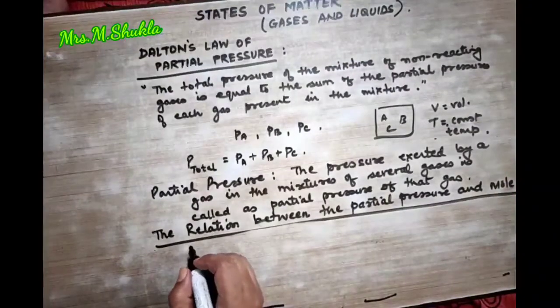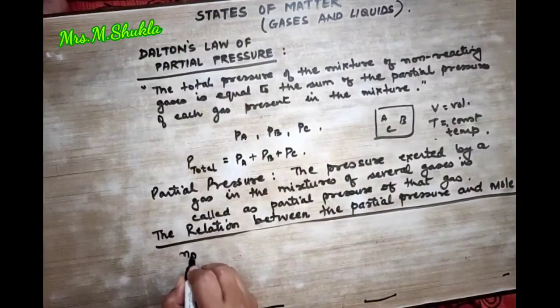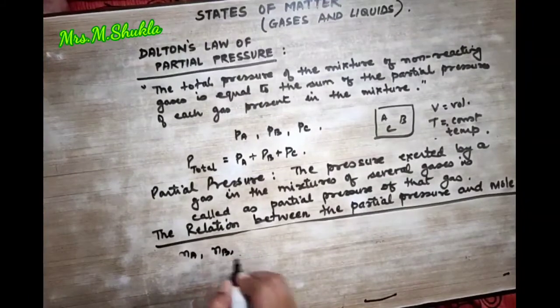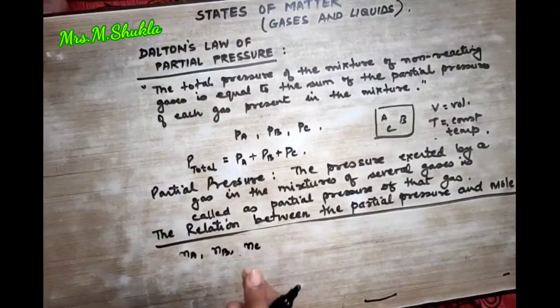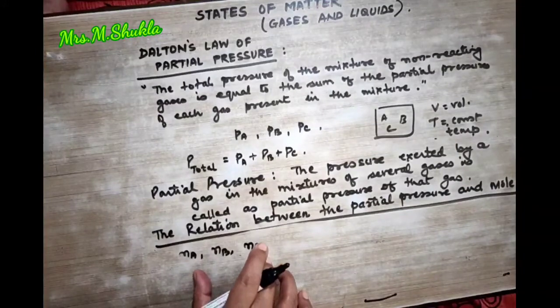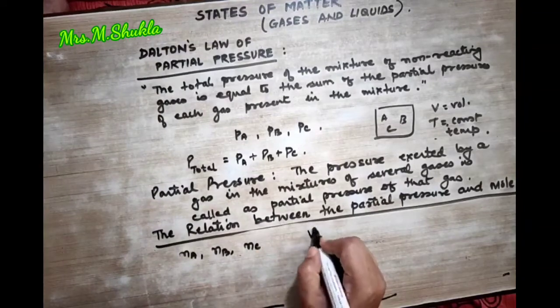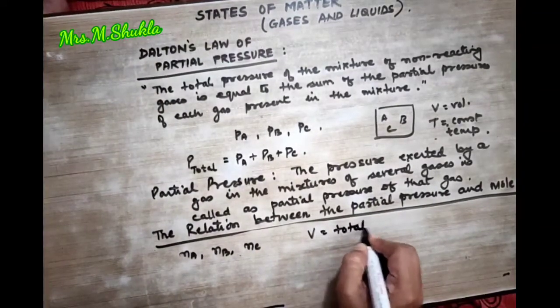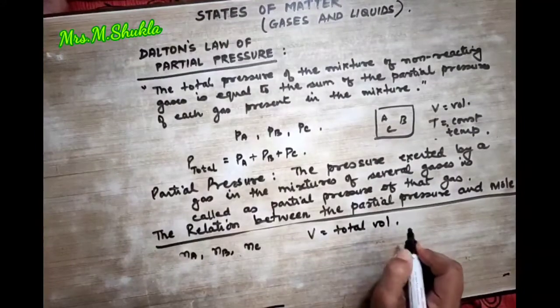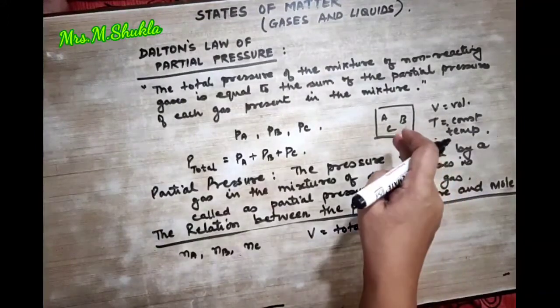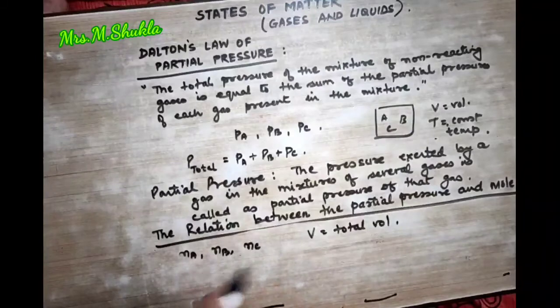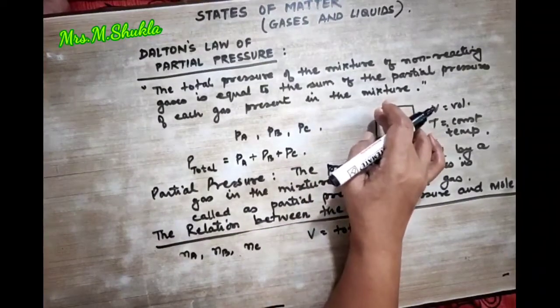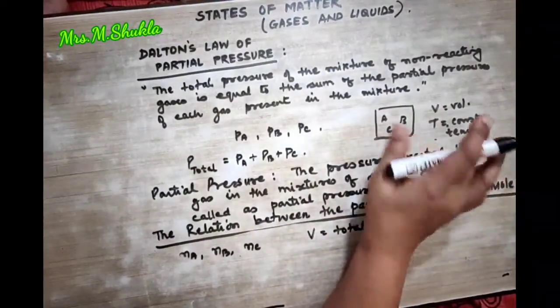Let us suppose that Na, Nb and Nc are the moles of gases A, B and C. Clear? Now again suppose that V is the total volume of the container in which the gases are mixed to prepare the mixture at constant temperature.